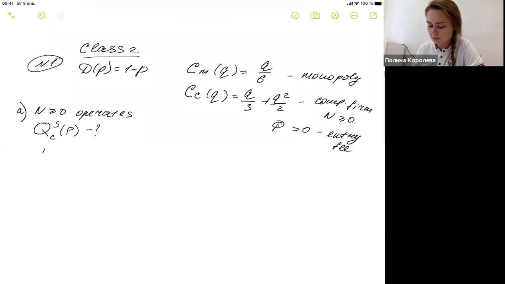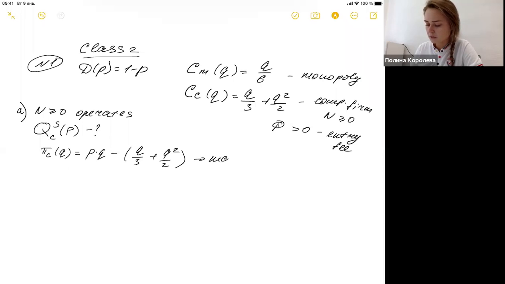So we write down profit maximization program for one competitive firm. Total revenue minus total cost. Competitive firm is price taker. So here price constant multiplied by quantity. This is total revenue minus costs. Costs Q over 3 plus Q squared over 2. And this we should maximize by choosing quantity greater or equal than 0.